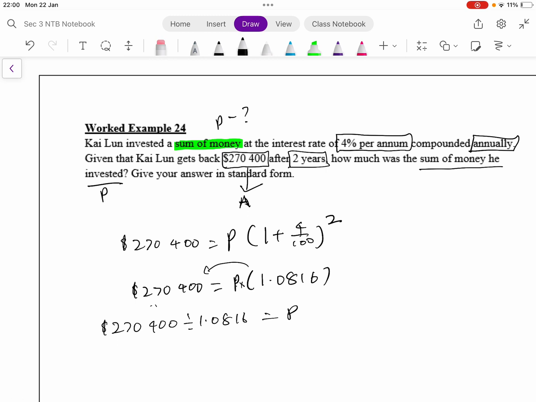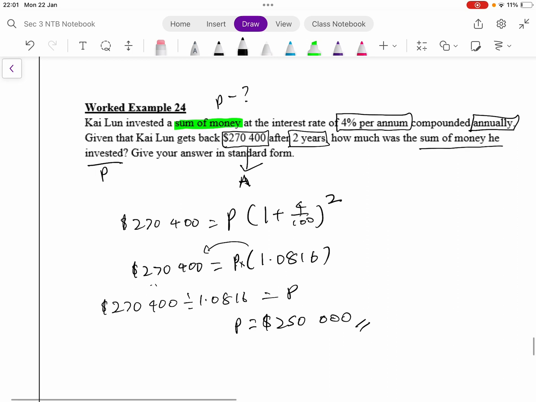So you get 270,400 divided by 1.0816. So my answer will be 250,000. Okay, so we are trying to reverse the process to find out what P is, if we know A first.